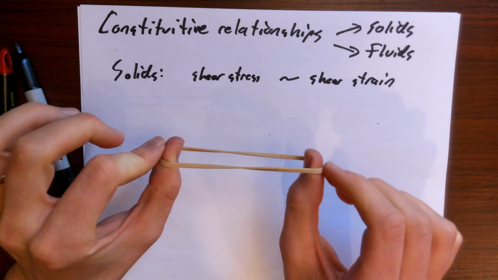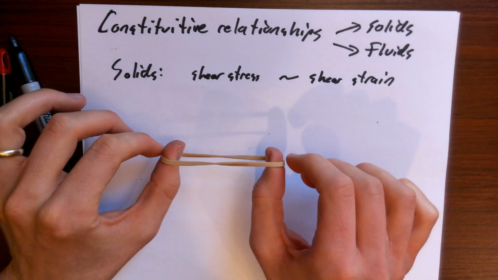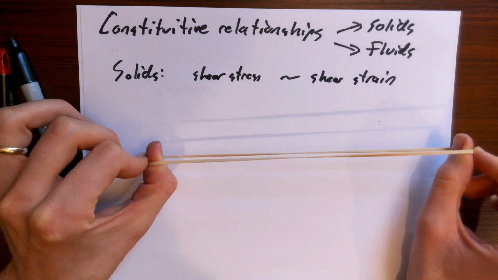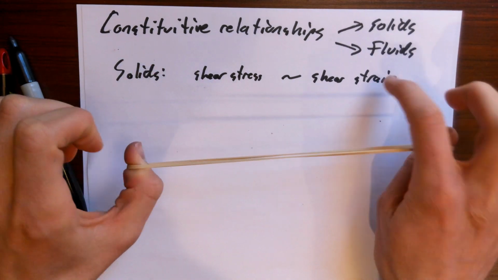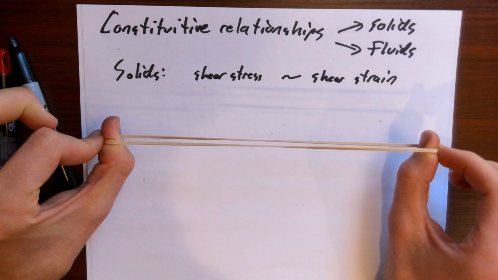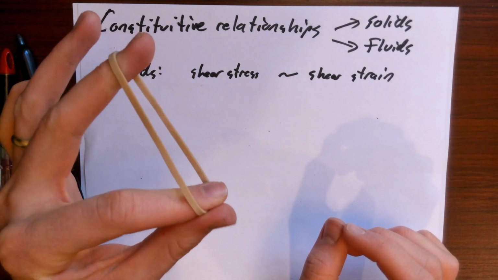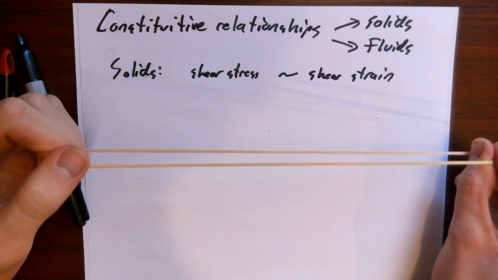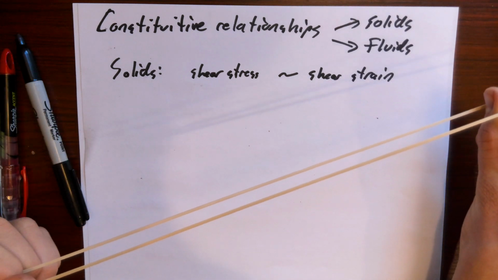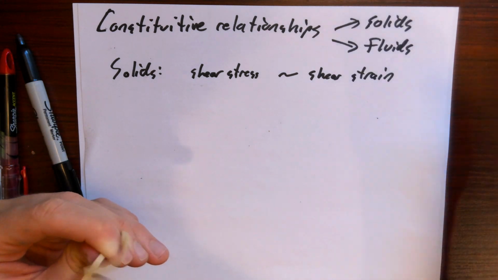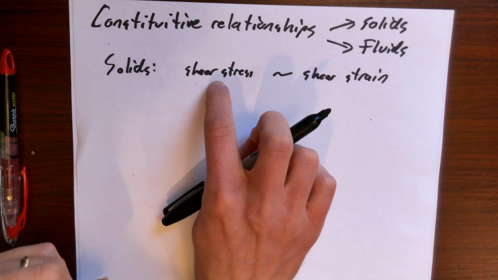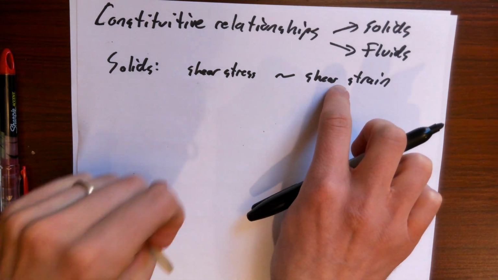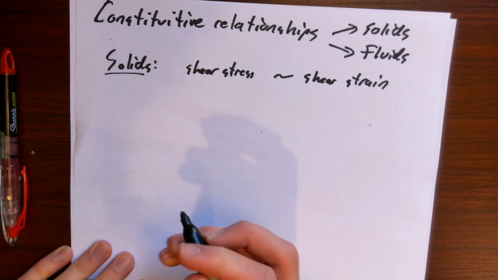If I let go of that force, that strain goes away, right? So in this case, when there's a lot of stress, there is a lot of strain for solids. And when there's no stress, that strain goes away. So if I apply stress, I get strain. If I apply more stress, I get more strain. And then if I let go, there's less strain. So in this case, shear stress is proportional to shear strain for solids.